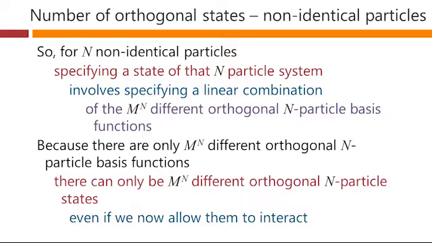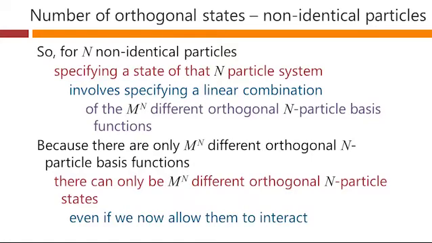So the states when the particles are interacting will not in general be the basis states, they'll be linear combinations of them. But there can't be more orthogonal linear combinations than there are orthogonal basis states to start with.